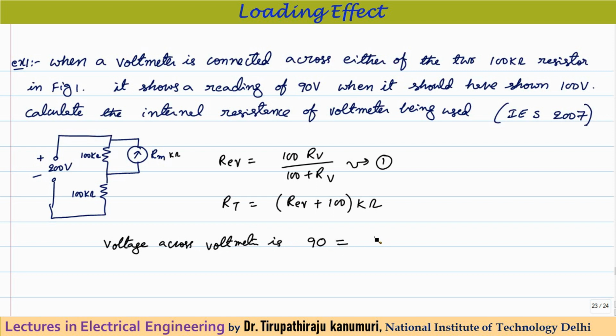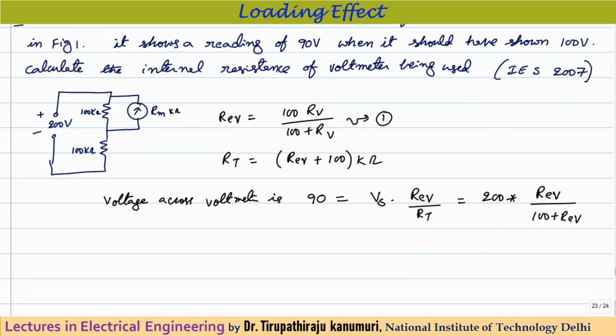So 90 will be equal to the total voltage, that is the supply voltage Vs, into that resistance, that means the parallel combination of these two. So it is R equivalent value divided by total resistance. Agree with me? So this will be nothing but 200 multiplied by R equivalent divided by 100 plus R equivalent value.